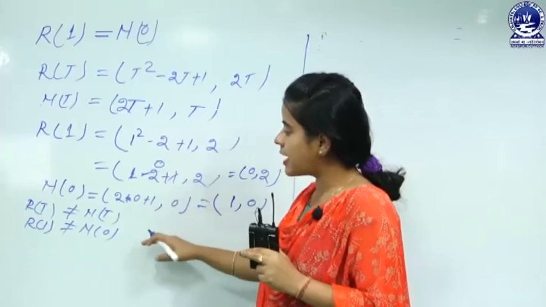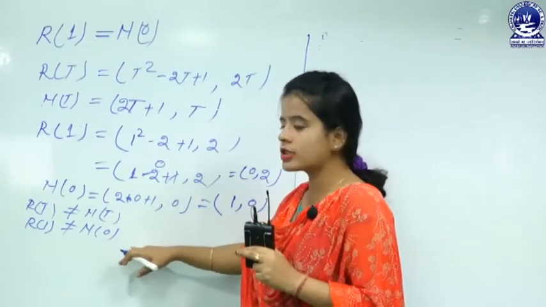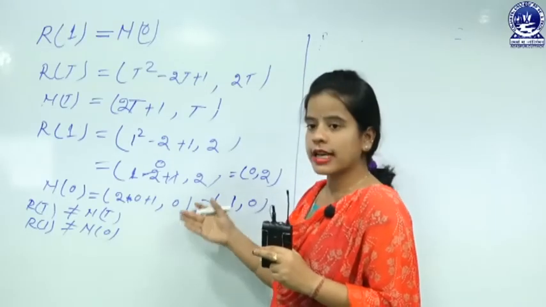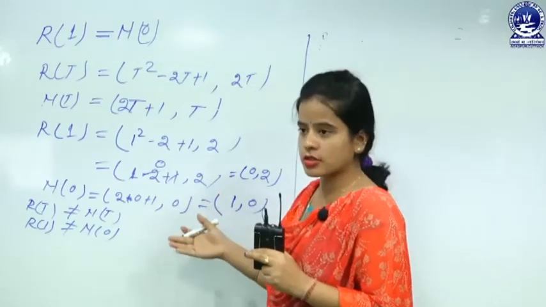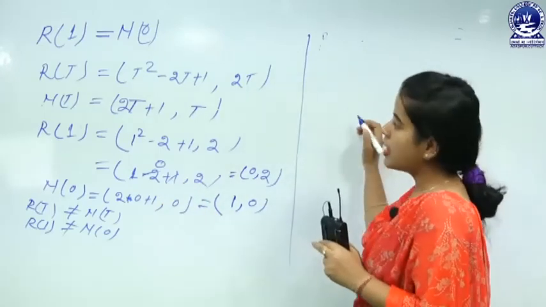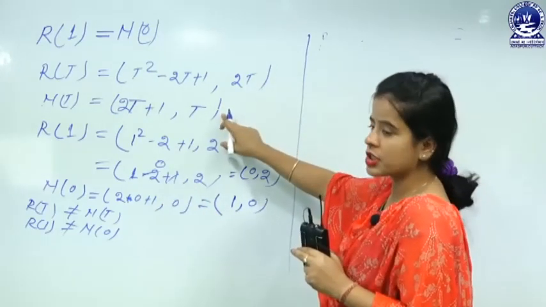But in this case, as r of 1 is not equal to n of 0, you have to stop, because it cannot provide continuity. If it were provided, you would then find the derivative of the given expressions.